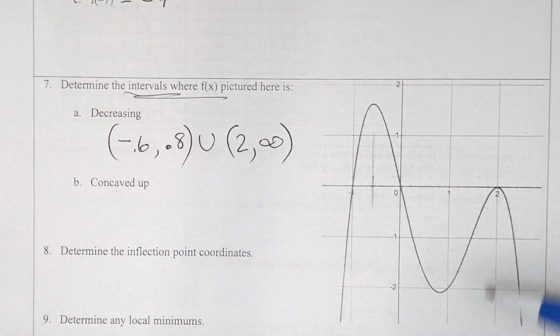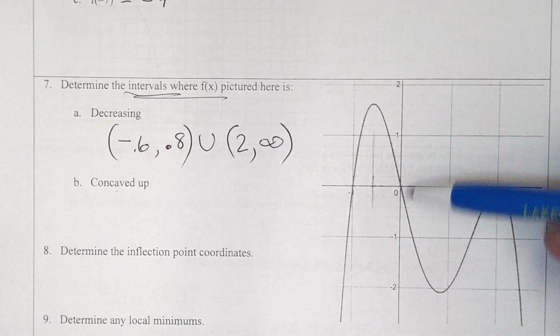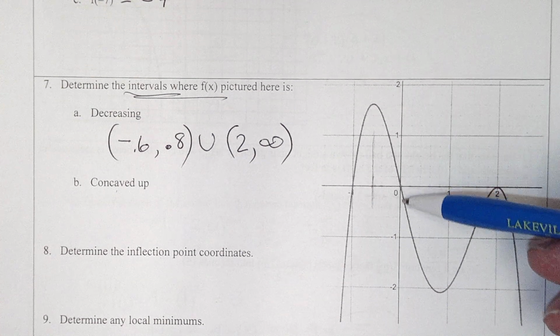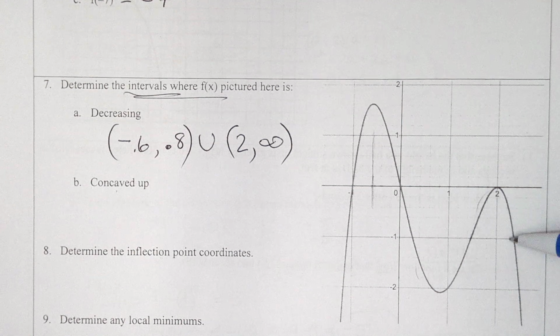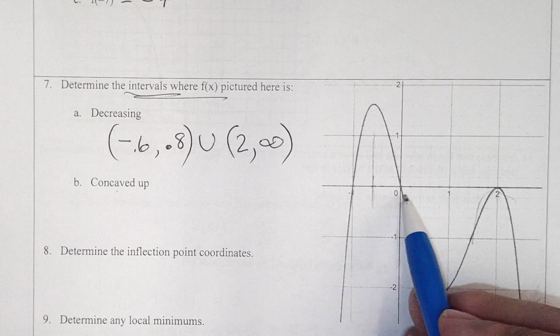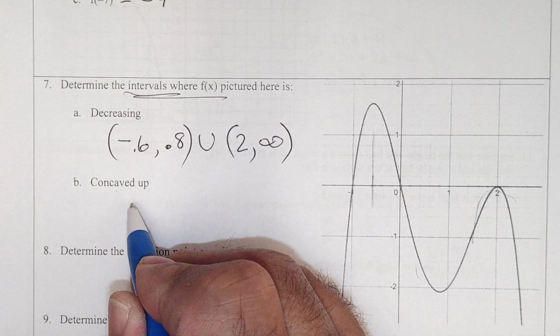Concaved up. So it's got to be curving up. And that happens somewhere from about here to about there. And then it starts curving down. So it's concaved up somewhere around 0 or 1, 0.1 or 0.2, somewhere in there.